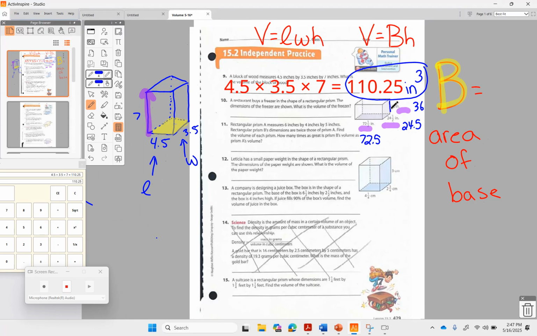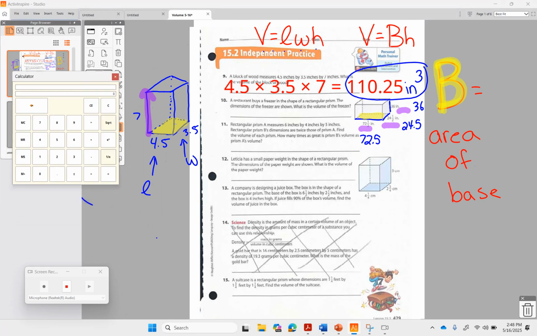So while the formula is volume equals length times width times height, I'm taking the length and the width, which also, as I said earlier, make up the area of the base, which is the big B.